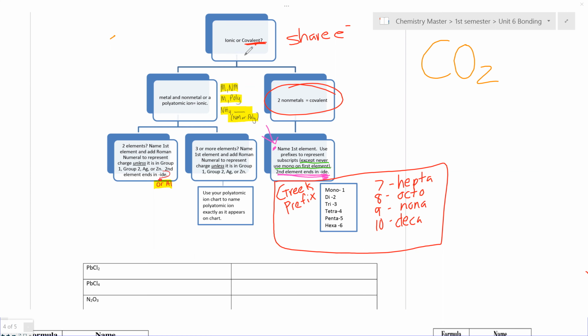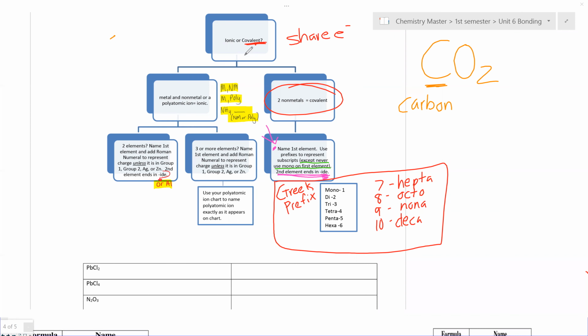I'm sure you all have seen this one before. Can somebody tell me what the name of this is? This is carbon dioxide. Excellent. Notice we said carbon. We did not say monocarbon. There's only one, so this is carbon.